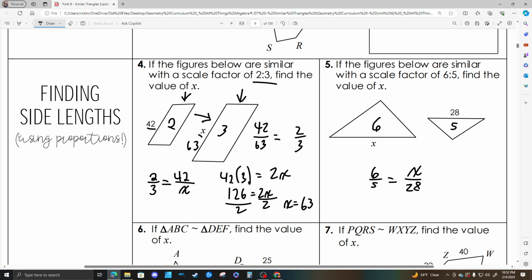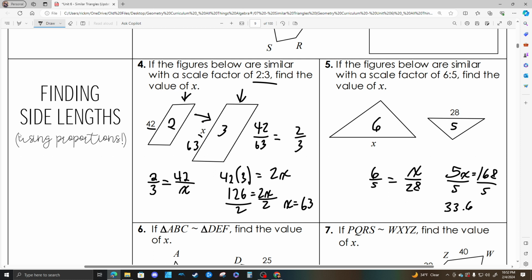And just looking at this, it doesn't look like it's going to come out to a super easy number, but that's fine. We can figure it out. So we're going to have 5x equals 28 times 6, which is 168. All right, and then we're going to divide by 5, and this is not going to come out clean. But if we divide by 5, we get 33.6.